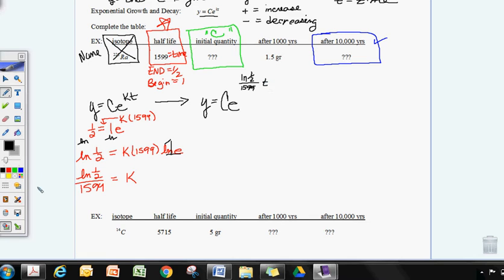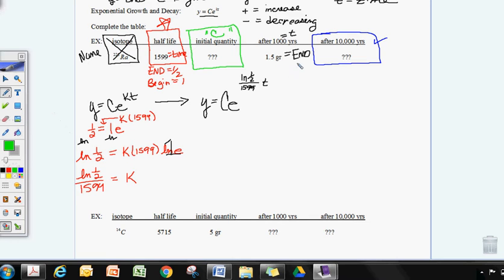I got one of the variables gone, but I still need to solve for C. So I look at some other information. When I know my time is 1,000 years, I know my end value is going to be 1.5 grams.